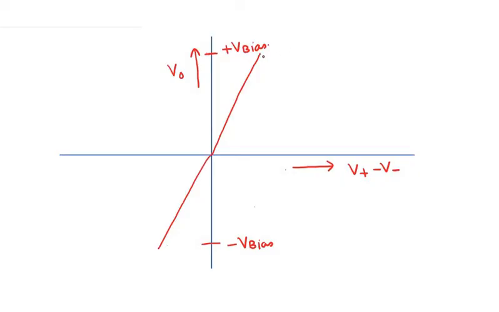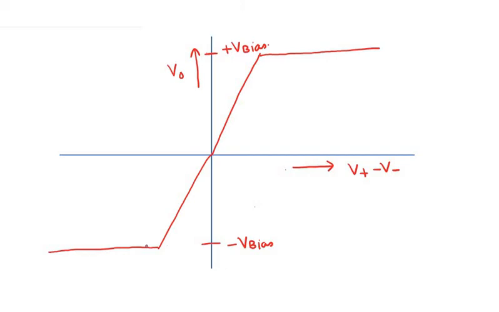When the output reaches an approximate value of plus V bias, the output of the op-amp saturates. Similarly, when the output reaches minus V bias, the output also saturates. So this is how the input output characteristics of an ideal op-amp would look like.